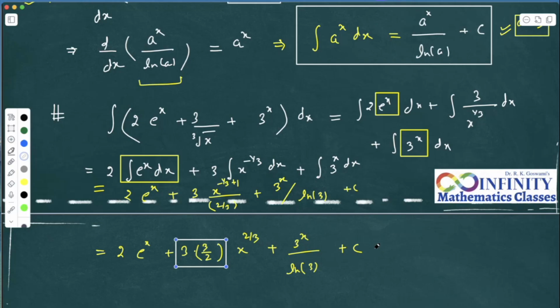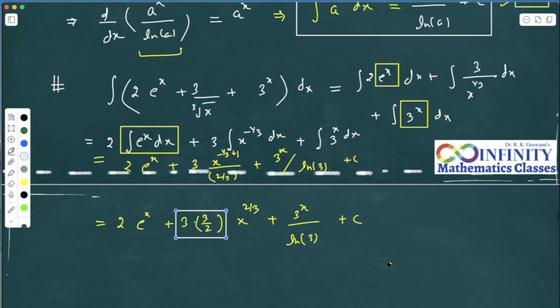Any doubt there? You simplify it to 3/2. Isn't it x to the power 3/2? You need to simplify this term.